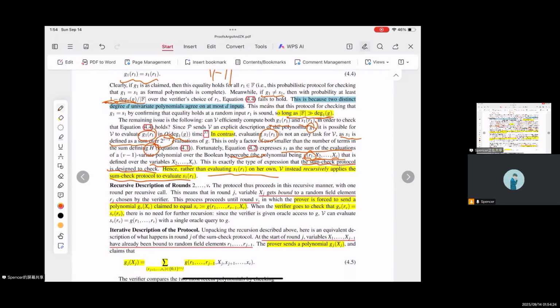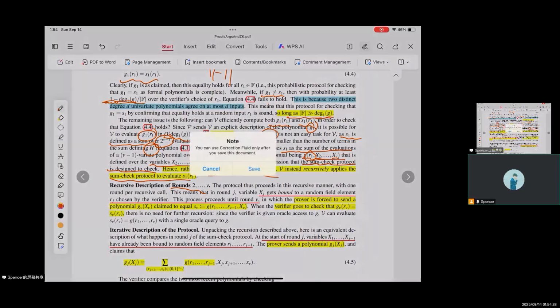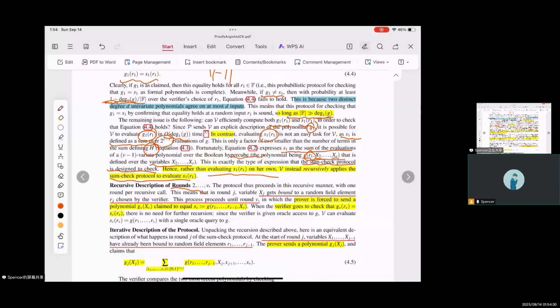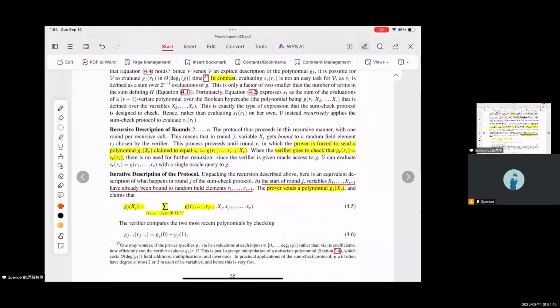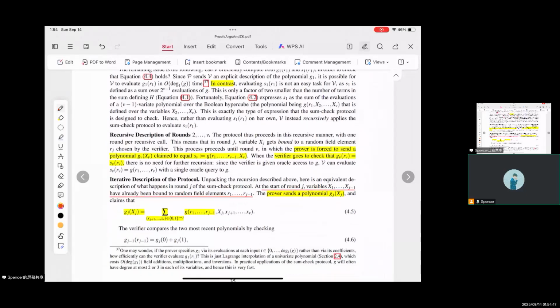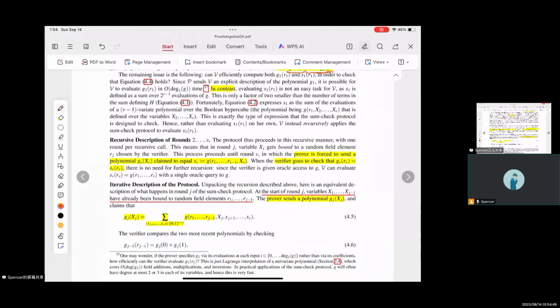So let's see the recursive description of rounds 2 to v. This protocol proceeds in a recursive manner with one round per recursive call.